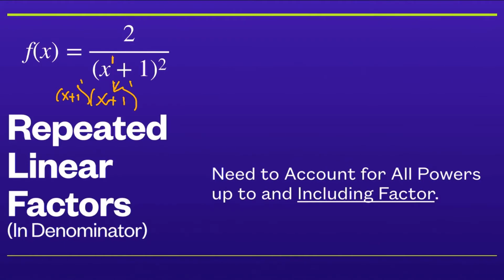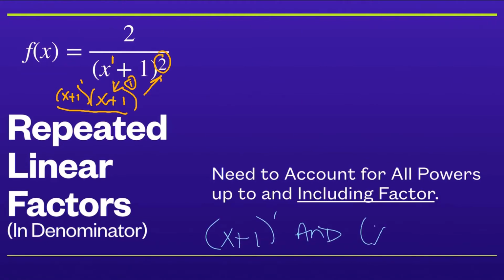If you multiplied these out here, you would obviously get x plus 1 squared. Well, we have to account for the power of 1, and we have to account for the power of 2 when we create our partial fractions, as you can see as it pops up on the screen. So we have to account for x plus 1 to the first power and x plus 1 to the second power in the denominators of our partial fractions.